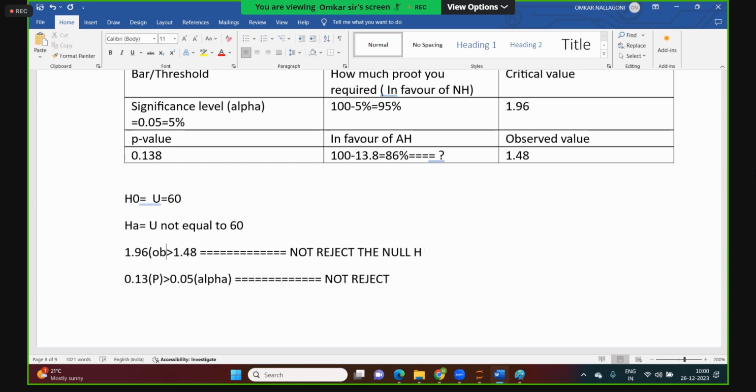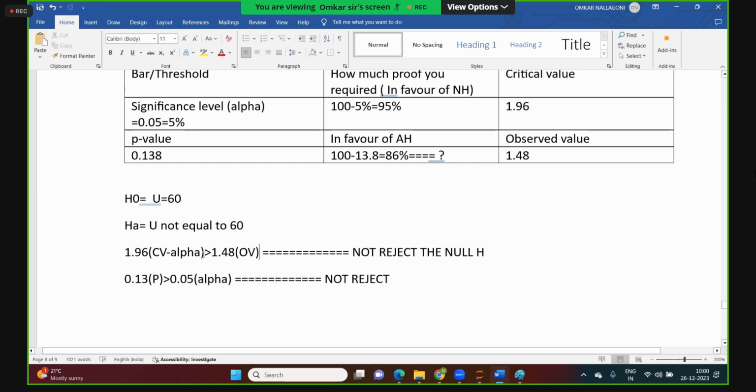It is the observed value, so the critical value. Where is the critical value coming from? Alpha only. And this value is nothing but the observed value. You don't compare this, or say this should be greater than. No. See, here alpha is there, and here alpha is there. See? Understand what I'm saying.